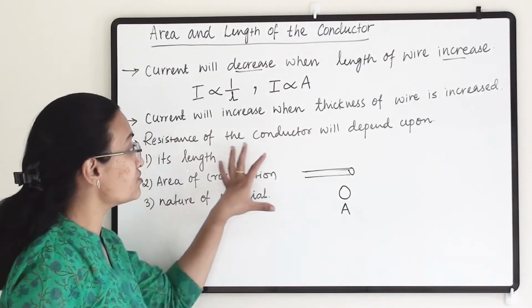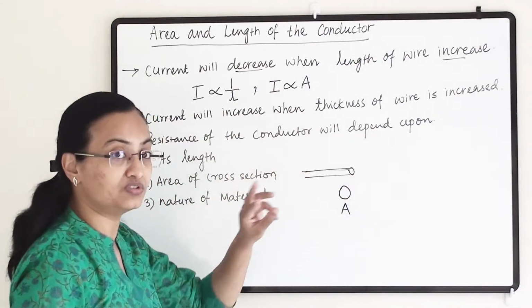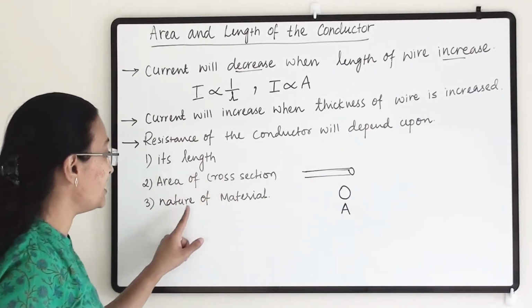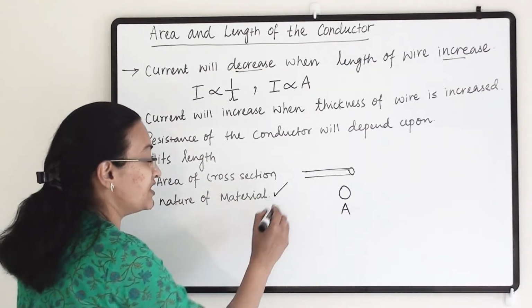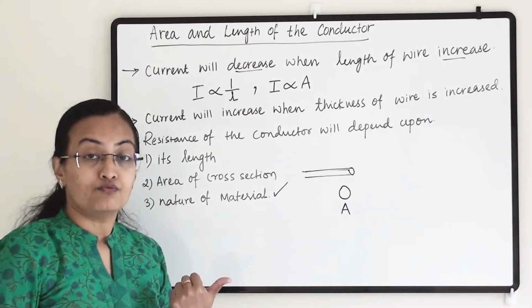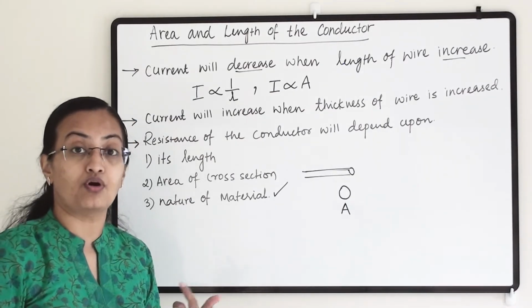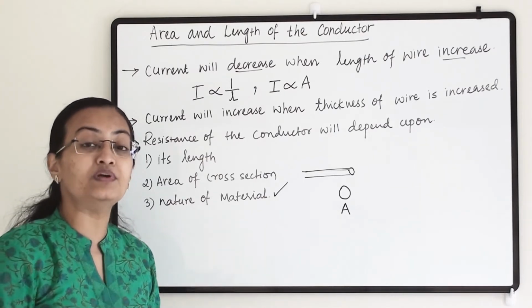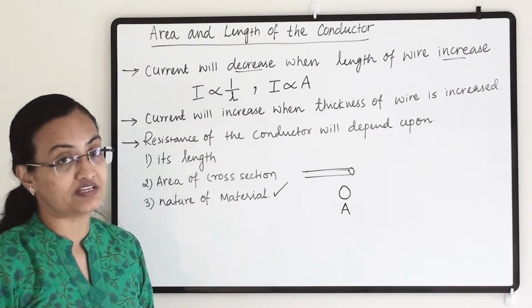Now the resistance of the conductor will depend upon three things: its length, its area of cross section and the nature of the material. Nature of the material means which material our conductor is made of, that is silver or iron or aluminium. Based on that material, it will face different kinds of resistance.